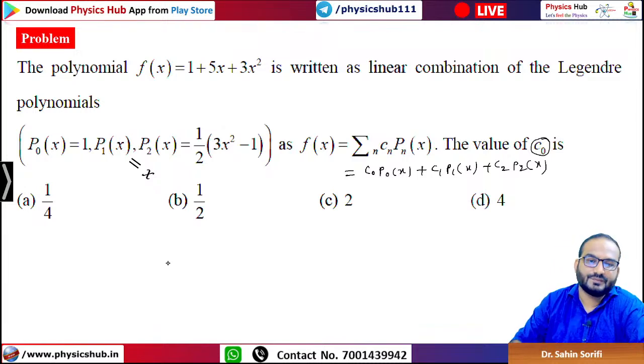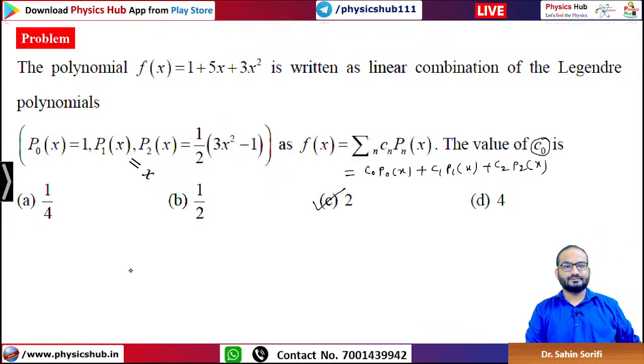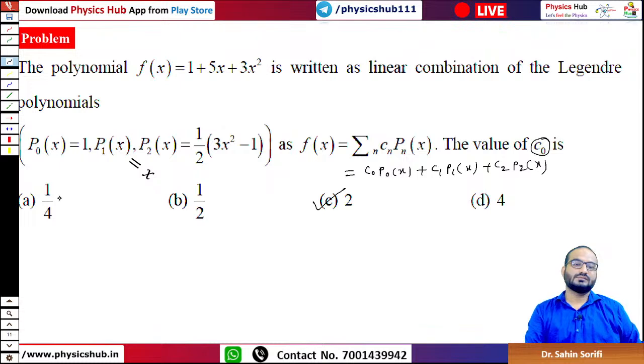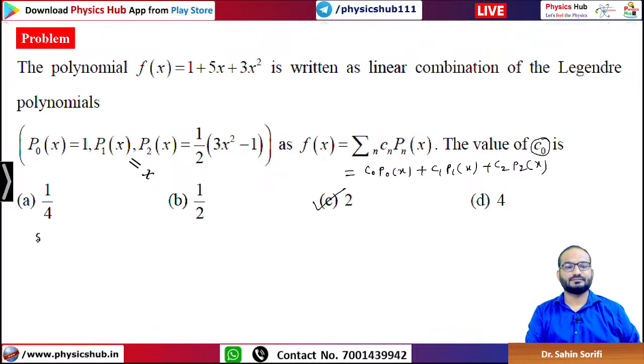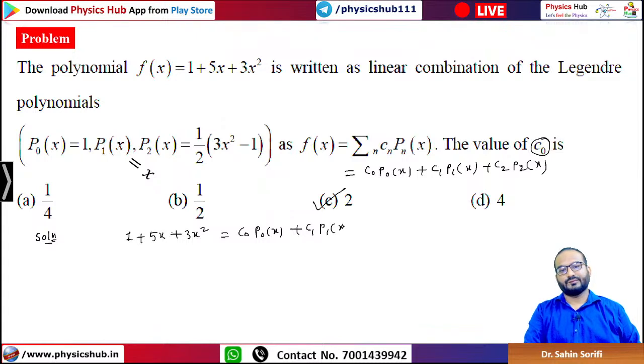Yes, c will come. 1 plus 5x plus 3x square equals c0 p0x plus c1 p1x plus c2 p2x.